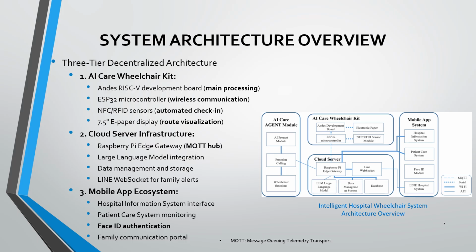MQTT is Message Queuing Telemetry Transport. In another part, the mobile app ecosystem, we also have four components: hospital information system interface, patient care system monitoring, Face ID authentication, and family communication portal.